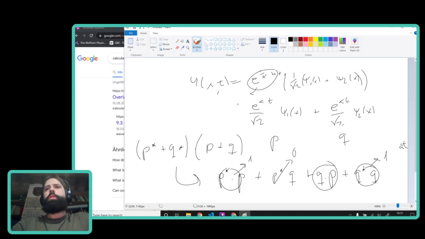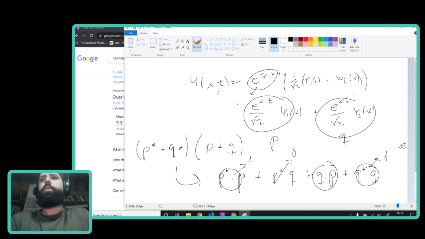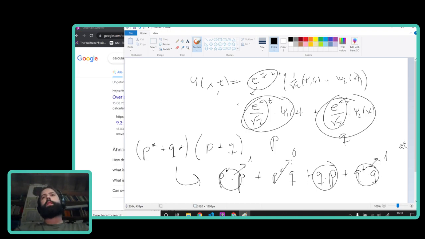P and Q. So this is P, this is Q, right? Essentially you have this time component that gets multiplied and squared, and then you have these times these. But these things are time independent just by definition.